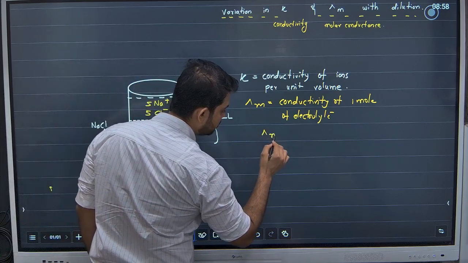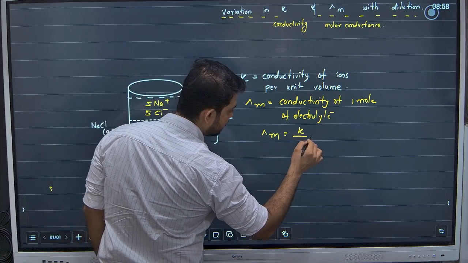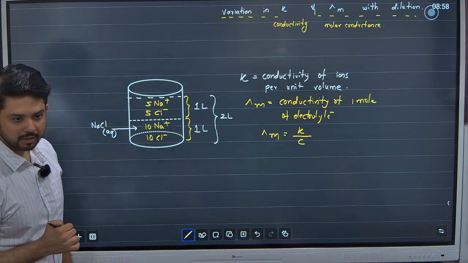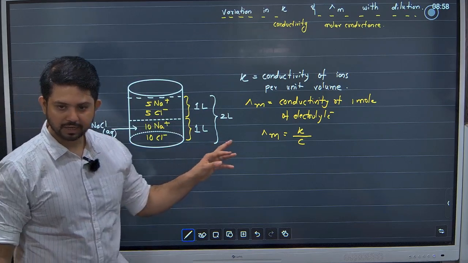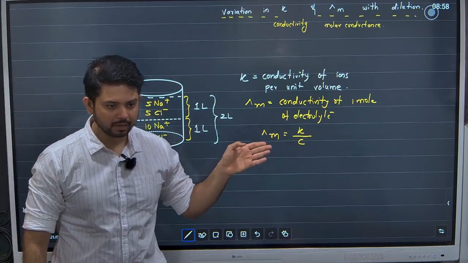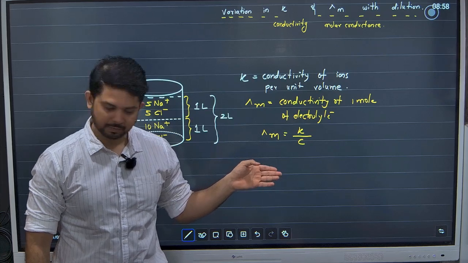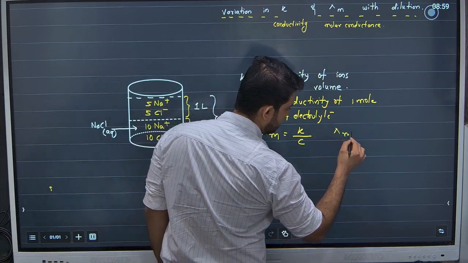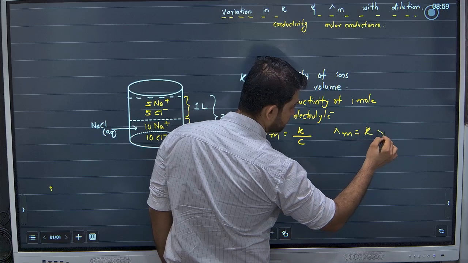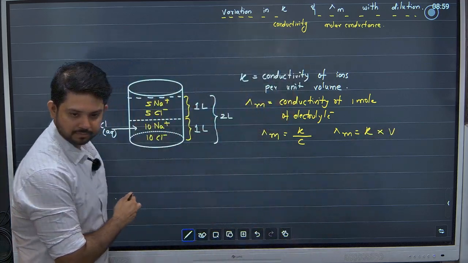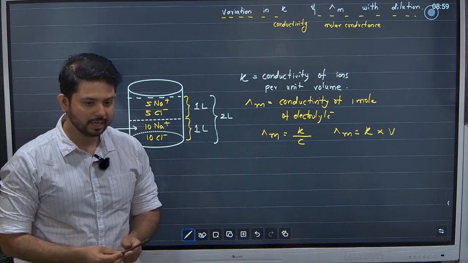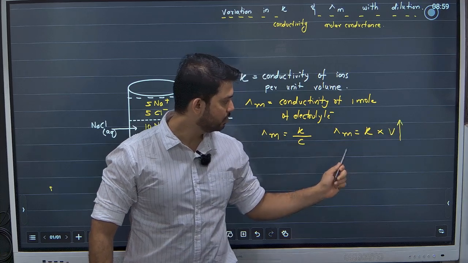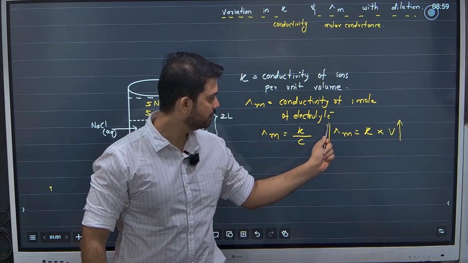Lambda m is equal to kappa by C. Yes or no? दो हमने दो फॉर्मूला लिखा है, 1000 kappa by M and kappa by 1000 M. ऐसे भी लिख सकते हैं, or I can say molar conductivity is kappa times V. Mathematically देखना है तो as V increases, what will happen to lambda m?